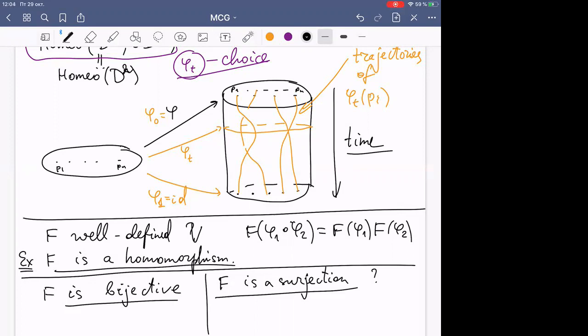We extended isotopies from curves to surface, but it is even easier to extend isotopies from points to a surface. If we are given a braid, we know how these points should behave during the isotopy. We also know that the isotopy must be identity on the boundary, so we may always extend this to an isotopy of the whole surface.